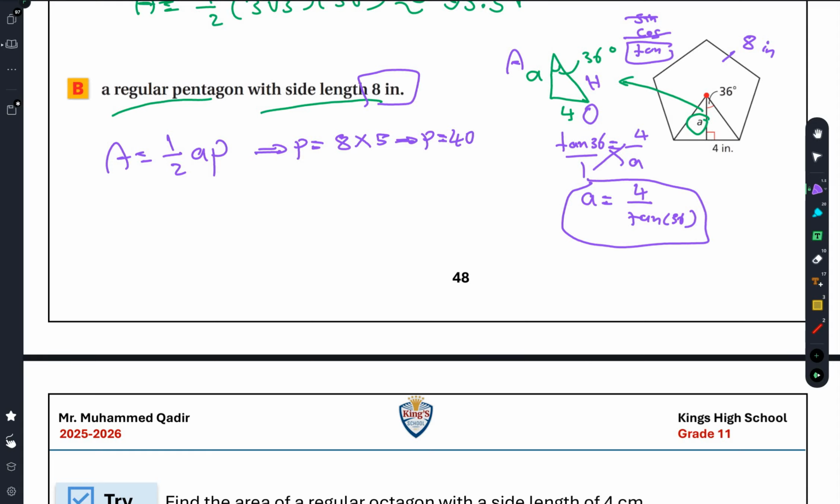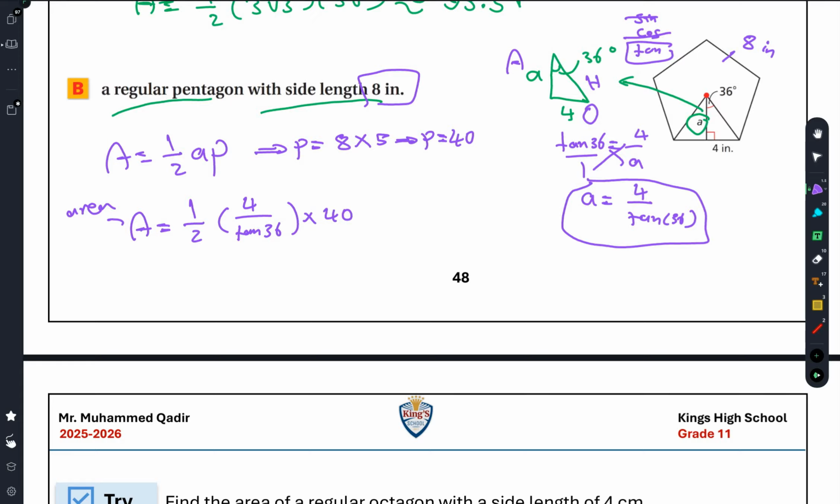We found P, and we have A also. So A capital is area, remember, and A small is apothem. Area equals 1 over 2 times the apothem we just found, 4 over tan 36, times 40.